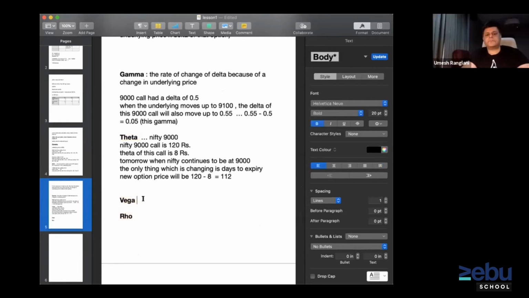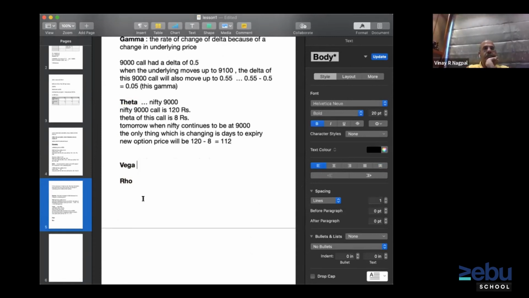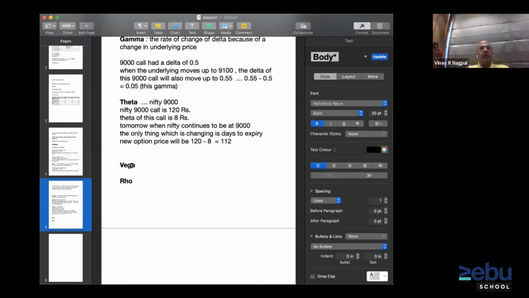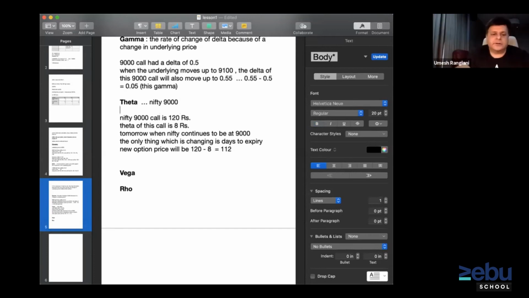So theta more or less making sense. It is a number which translates to how the option prices will react with respect to passage of time. Let me write this here.